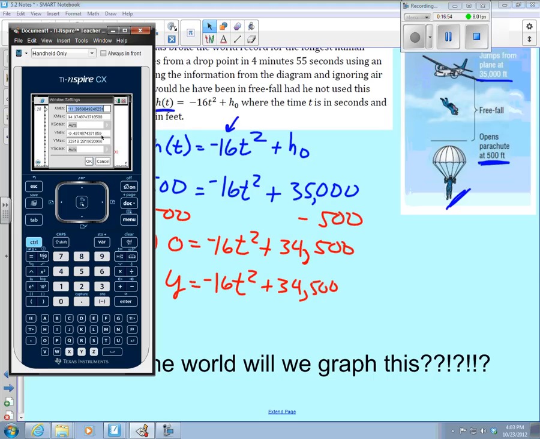Y minimum, negative 100. Okay, I'm going to have to look at this and get back to you guys. We should be able to find our max by using the graphing calculators that way. But I will look at this with you tomorrow.